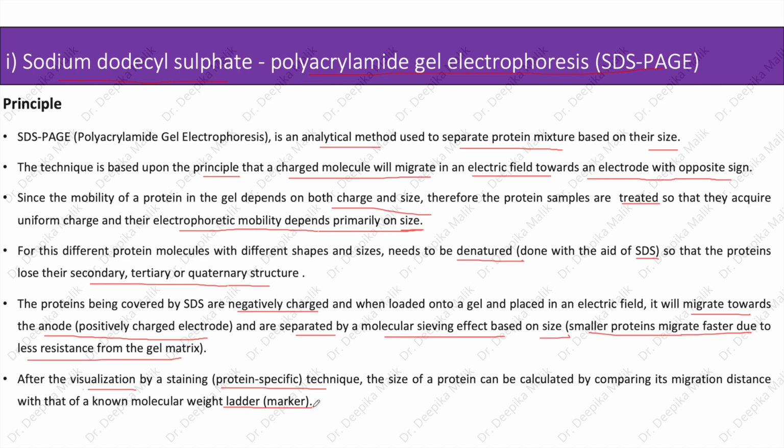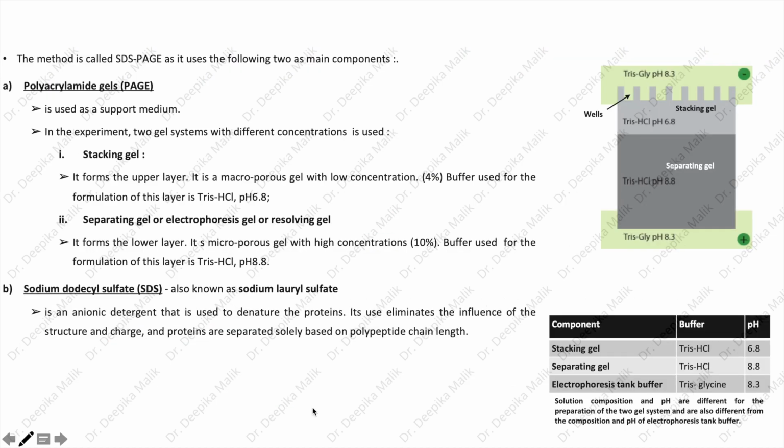The method is called SDS PAGE as it uses the following two as main components. First is polyacrylamide gel, also called PAGE. It is used as a support medium. In the experiment, two gel systems with different concentrations are used. First is stacking gel, which forms the upper layer. It is a macroporous gel with low concentration of up to 4%.